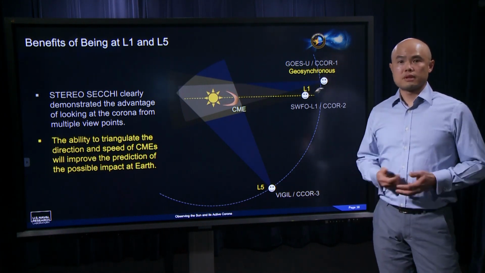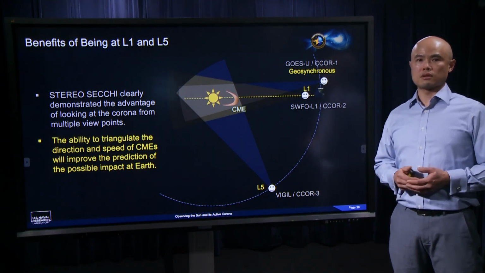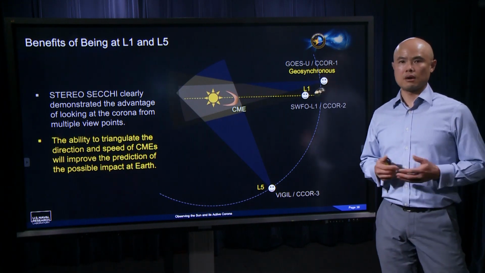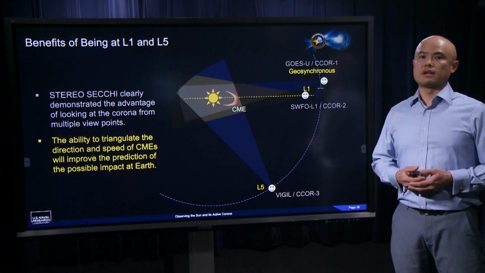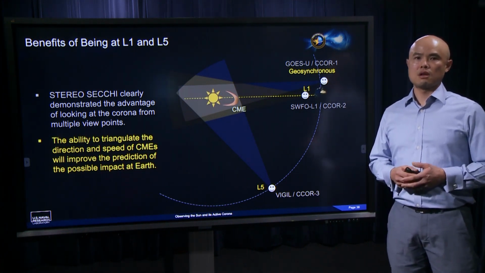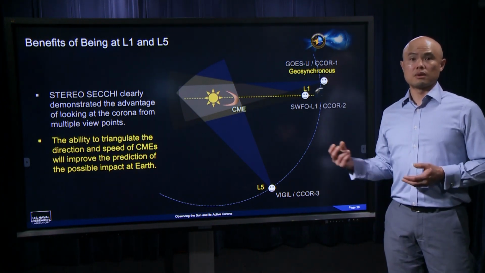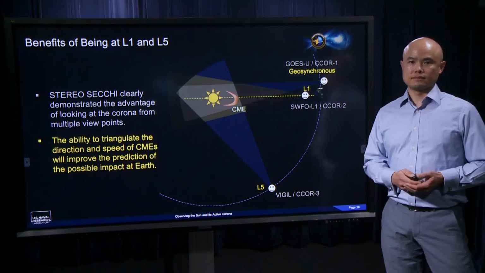And we've learned from STEREO SECCHI that multi-point observations of the corona and CMEs greatly enhance our capability to accurately characterize their properties. The 3 CCORs working together will be able to triangulate the speed and direction of CMEs with greater accuracy than a single coronagraph alone, which in turn will improve the accuracy of space weather forecasts at Earth.